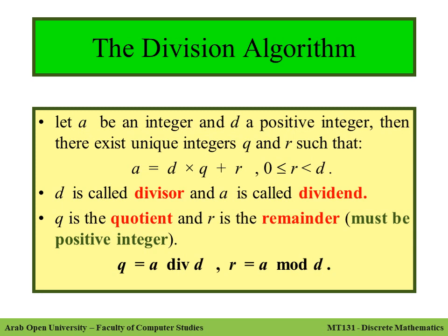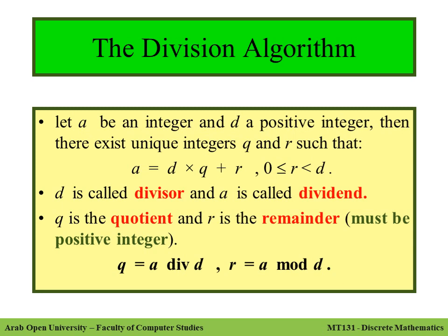What the division algorithm tells us is you can take any integer and divide it by a positive integer. The result will be a quotient, a whole number, plus a remainder. And the remainder will be non-negative, greater than or equal to 0, and less than d, less than the number that you are dividing by.